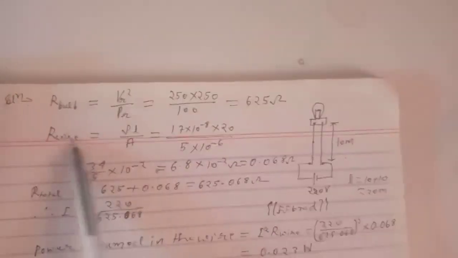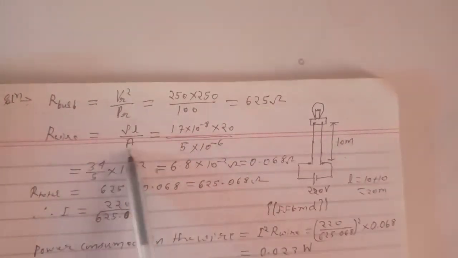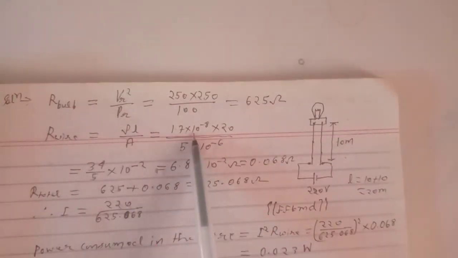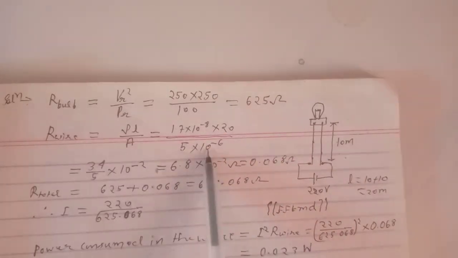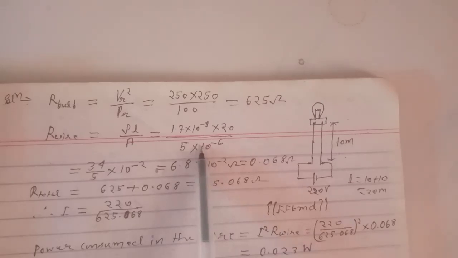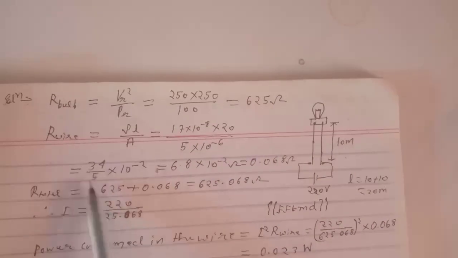Now resistance of wire will be equal to rho into L by A. So 1.7 into 10 to the power minus 8 into 20 by 5 into 10 to the power minus 6, or 34 by 5 into 10 to the power minus 2, which is 6.8 into 10 to the power minus 2 ohm, or 0.068 ohm.